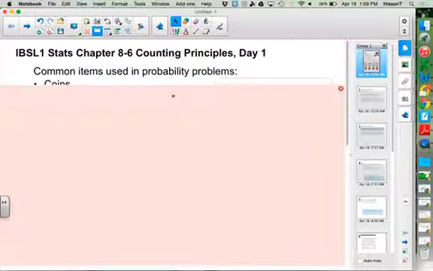Or cars. Auto insurance down here is a whole lot more expensive than it is up there. Why? Because that was a more suburban area, or even rural in parts.